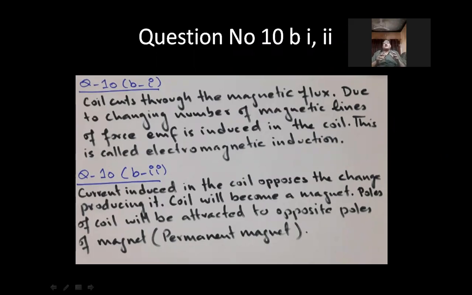The coil cuts through the magnetic flux. Due to the changing number of magnetic lines of force, EMF is induced in the coil. This is called electromagnetic induction. The coil is turning, so it is cutting the magnetic lines. When the coil cuts the magnetic lines, EMF will automatically be induced. We call it electromagnetic induction.